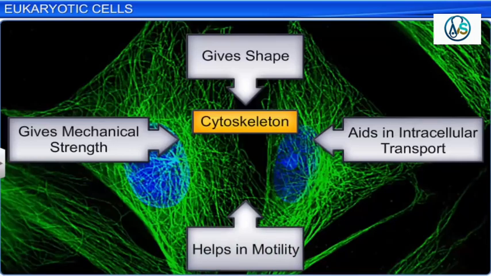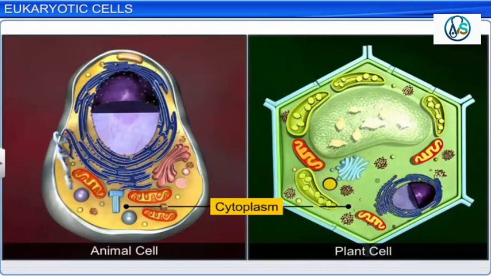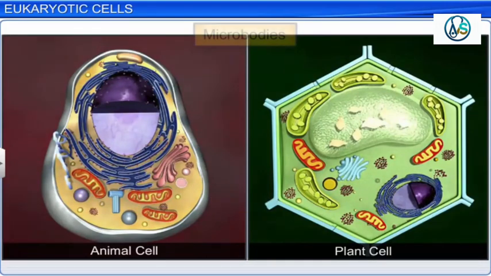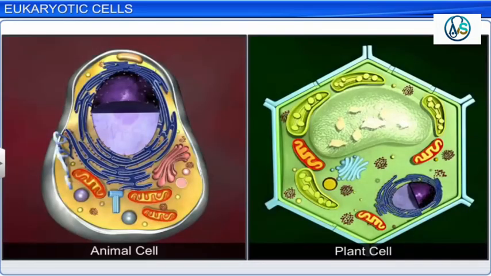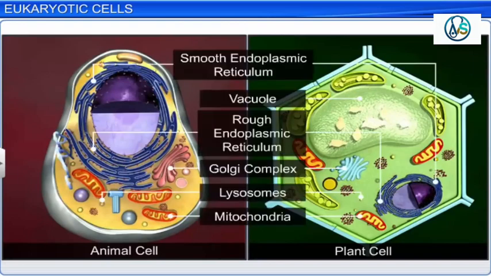The cytoplasm also contains numerous single-membrane-bound minute vesicles called microbodies, which are filled with enzymes that aid in the synthesis of amino acids. Also embedded in the cytoplasm are several organelles or membrane-bound structures which lead to its extensive compartmentalization.